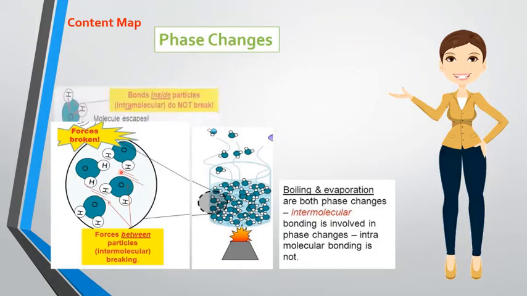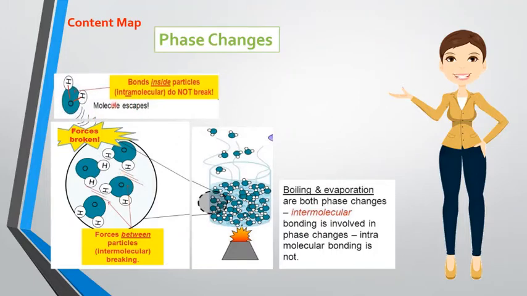And so the molecules have escaped, and if you notice, the bonds inside the particles, intramolecularly, did not break, so there is still an intact composition of hydrogen and oxygen, which is water vapor.